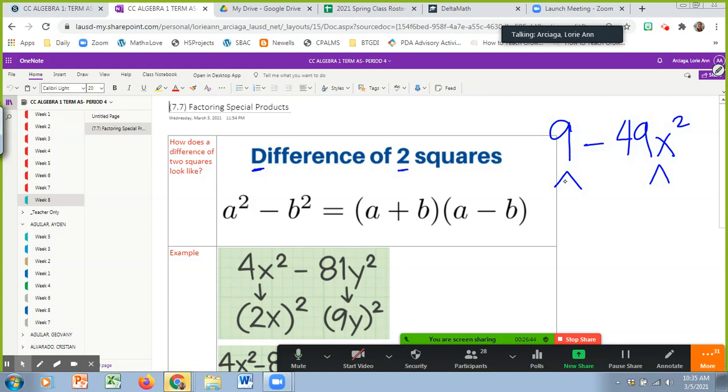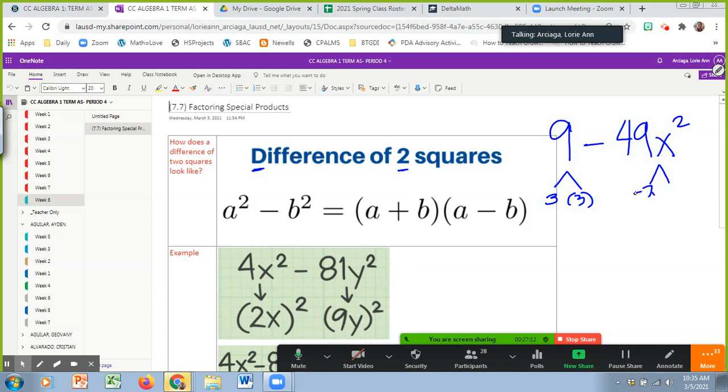So break up 9. 3, 3. Very good. Break up 49 and x squared. 7.